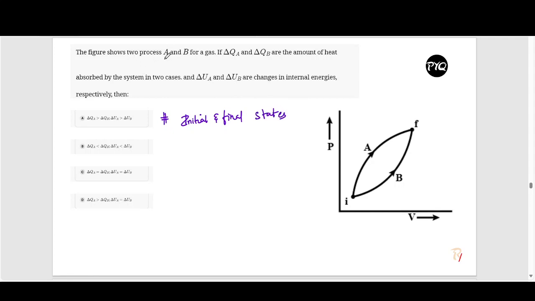The figure shows two processes A and B. If QA and QB are the amounts of heat absorbed by the system in the two cases, and del UA and del UB are the changes in the internal energies respectively, then, since the initial and final states are the same, del UA equals del UB. There is no change in this.